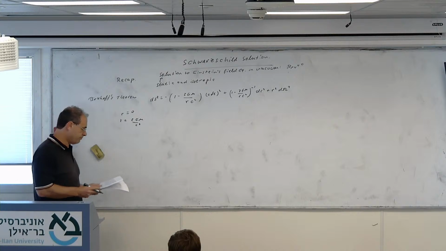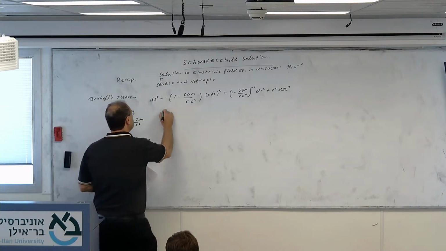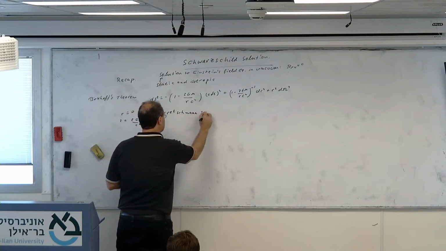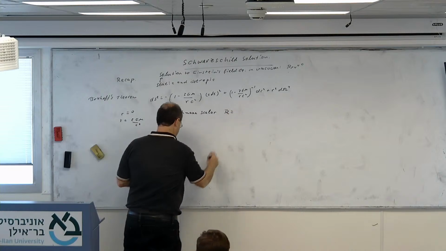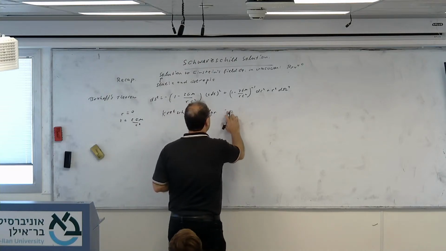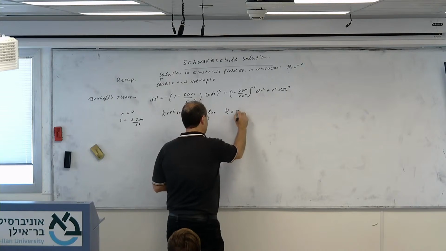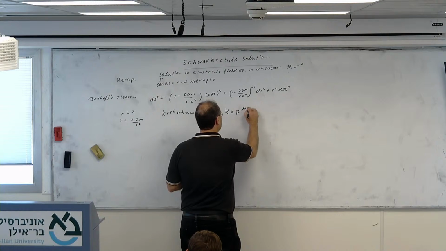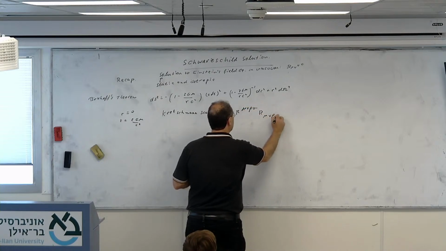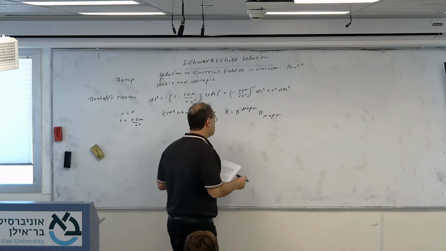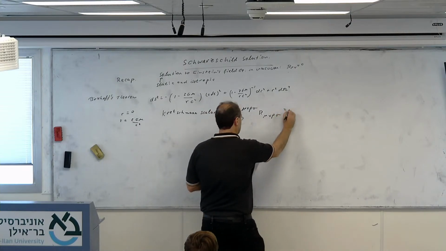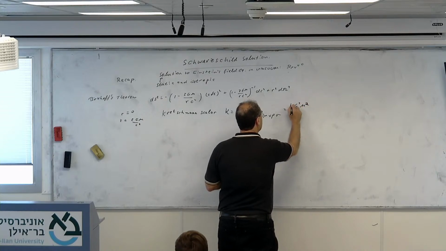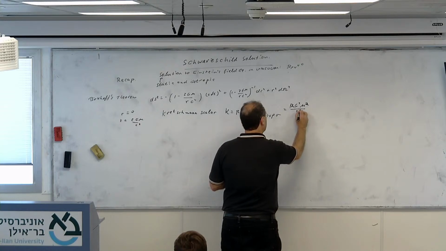And I argued that there is a way of finding if there is anything special happening, and we were looking for some scalar. The scalar of interest is called the Kretschmann scalar, K, which is R_{ρσμν} R^{ρσμν}, and I argued that this is equal to 12 G squared M squared over r to the power 6.